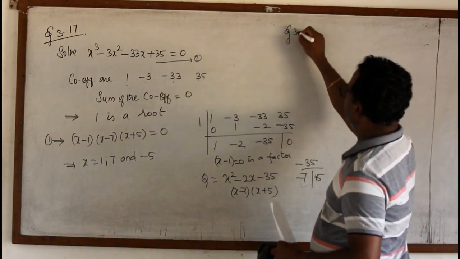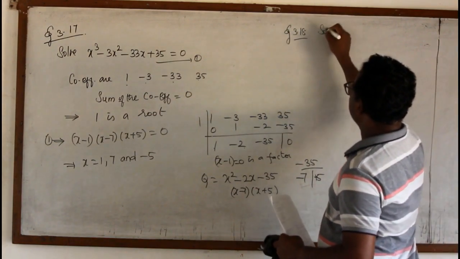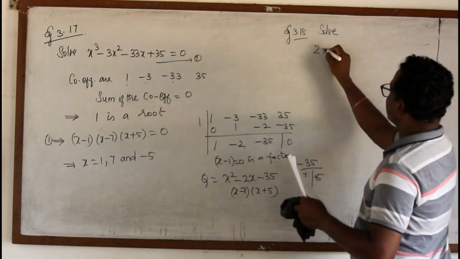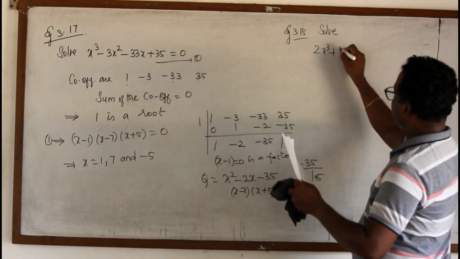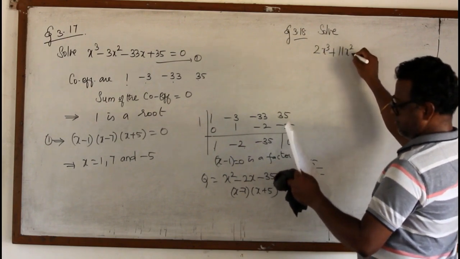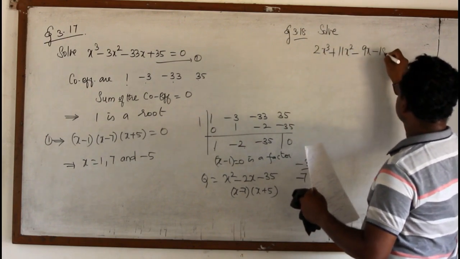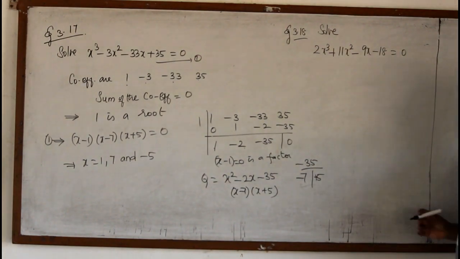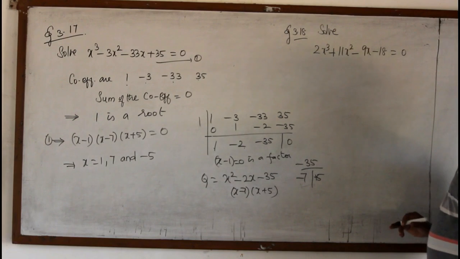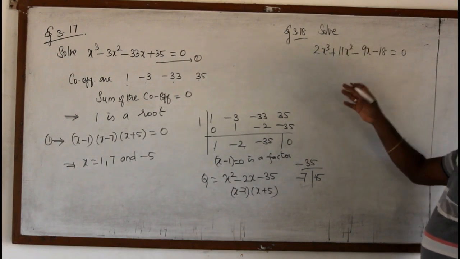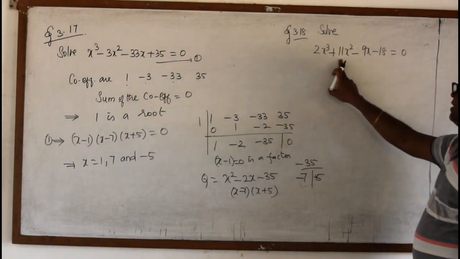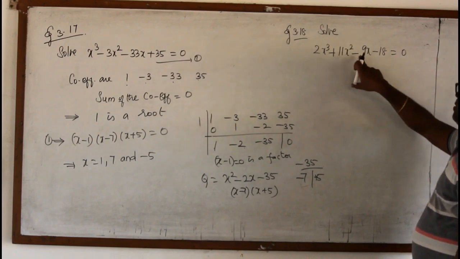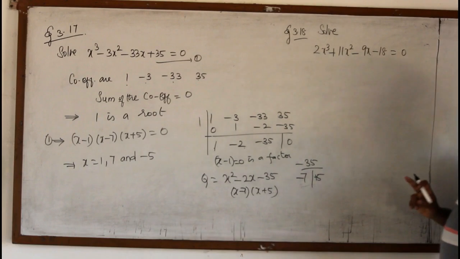Example 3.18. Same pattern. Solve 2x cube plus 11x square minus 9x minus 18 equal to 0. Again, we don't have any root in advance, so we shall go for finding all the 3 roots. Now, here 2 plus 11 is 13, 13 minus 9 is 4, 4 minus 18 is minus 14, it's not becoming 0.